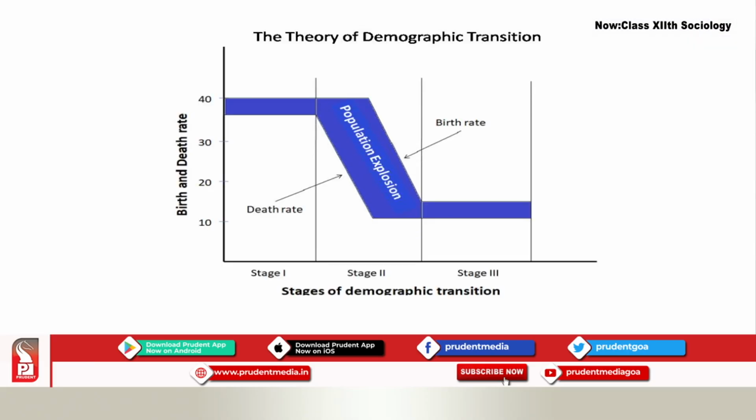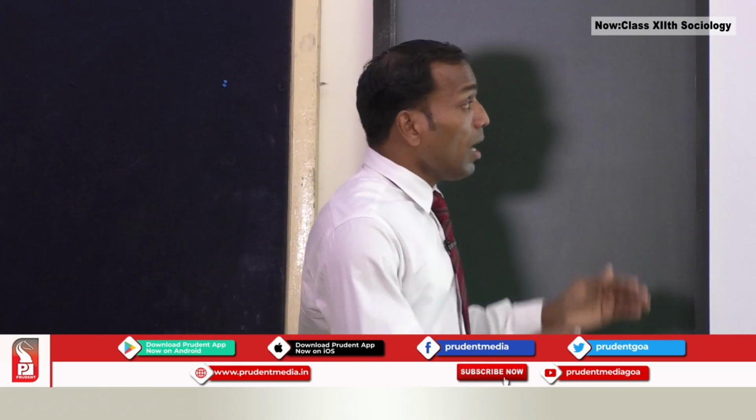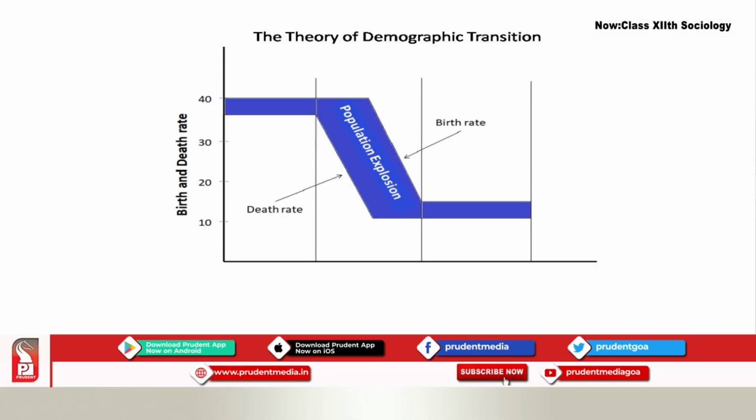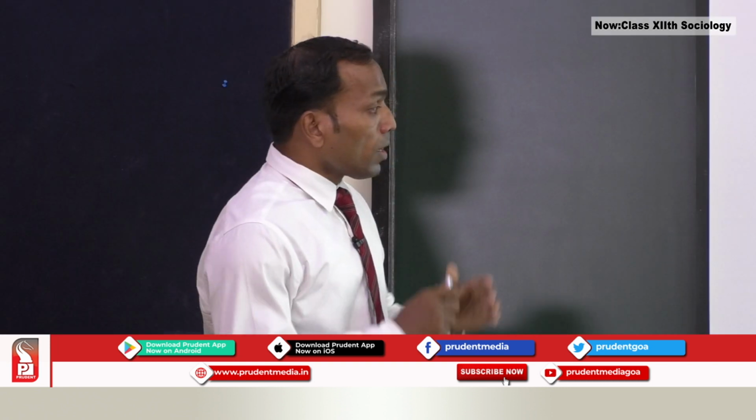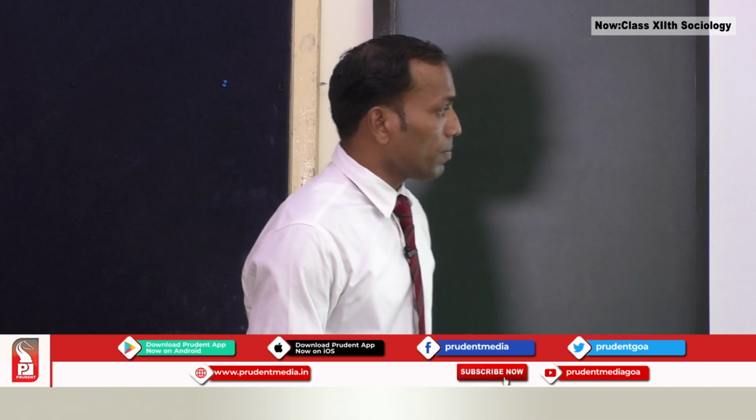Here the birth rates are very high and death rates are also very high, and that is why in this underdeveloped society, the growth rate of population is low. Birth rates are high, death rates are also high, and that is why the growth rate of population is very low. Now let us go towards the next stage.